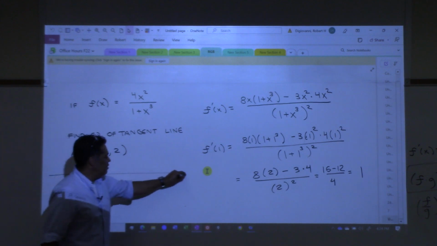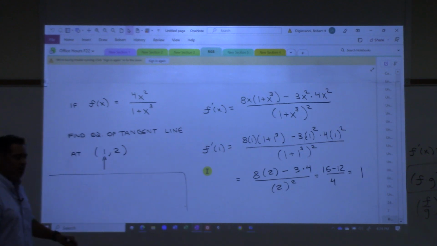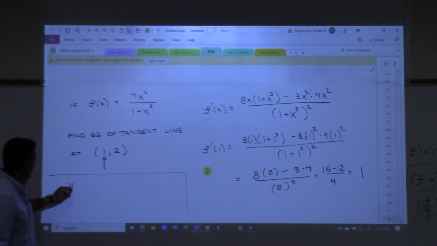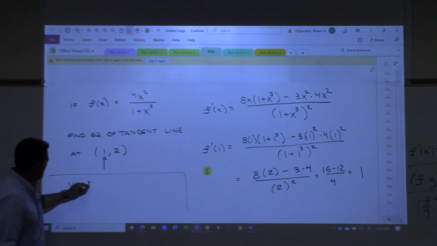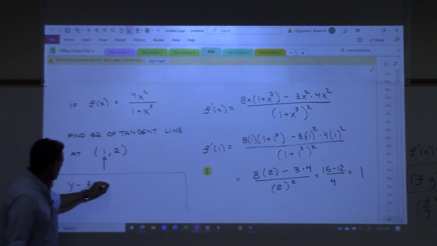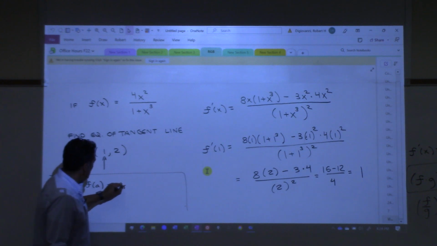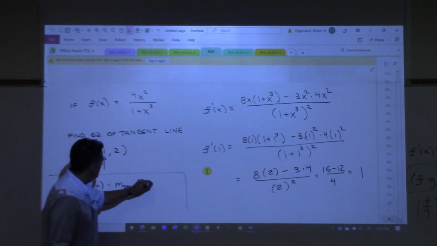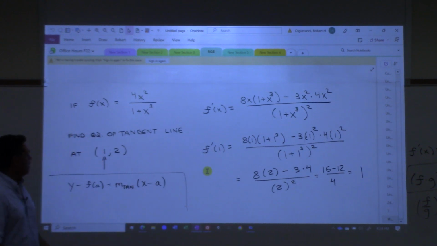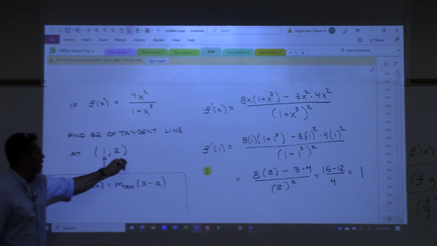Now what we need to do is find the equation. So to find the equation, we use that formula y minus f of a equals the slope of the tangent line at that point times x minus a, right? Now here a for us is 1, and f of a is this value, the y coordinate.